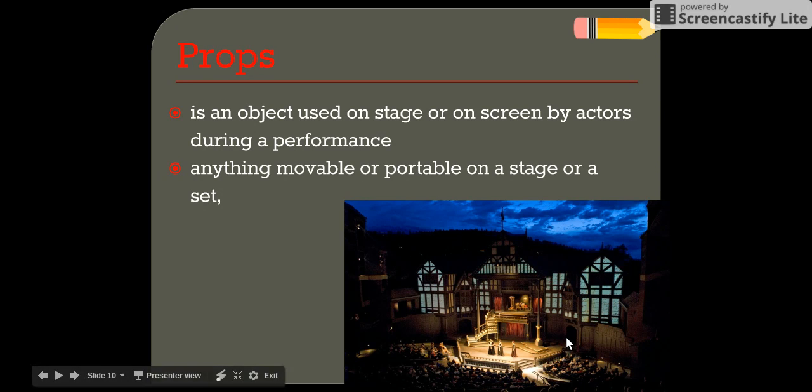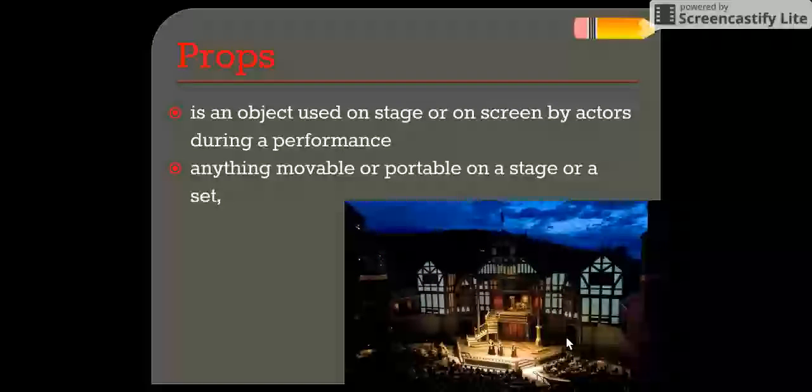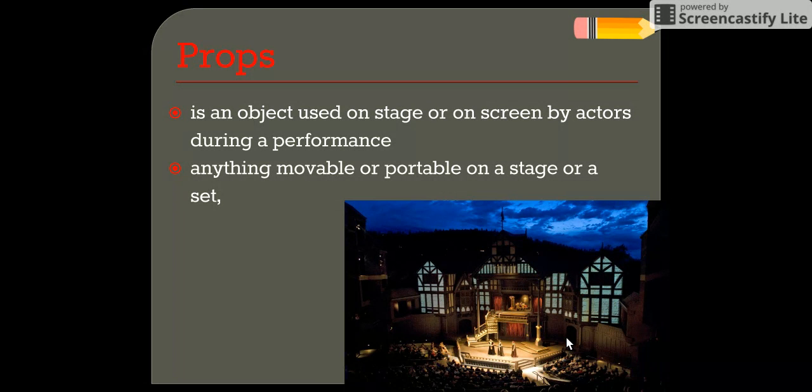Those are all called props. So basically any objects that they're using in the play, if they're using a hat, if they're using a wagon, a car made out of cardboard, then that would be considered a prop. So go ahead and copy this in your notes. And I don't have a lot of time to record, so just pause me and go ahead and write this down in your notes. You can pause. Let's go on.